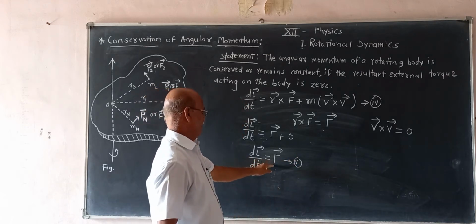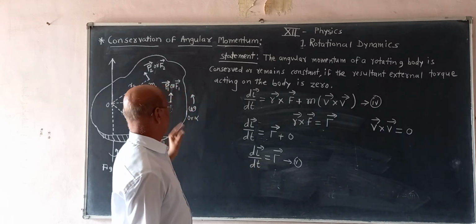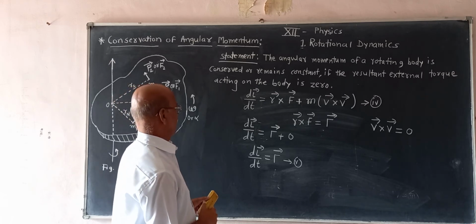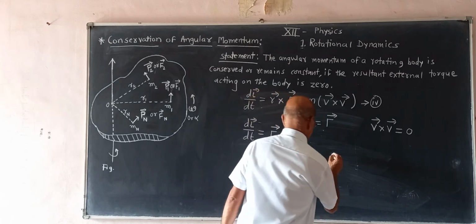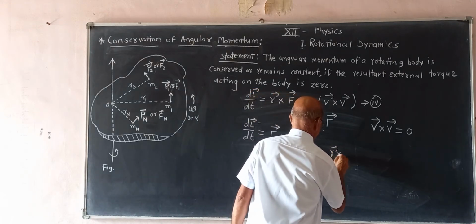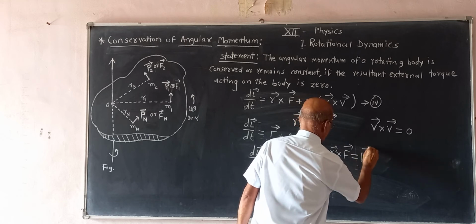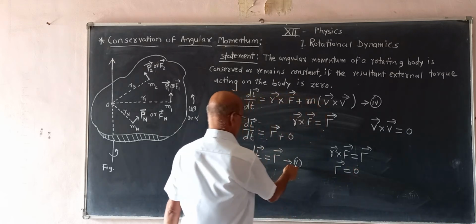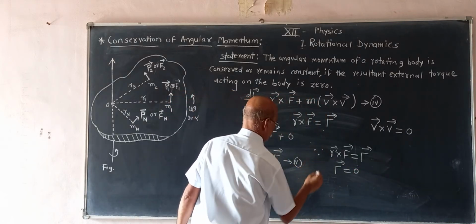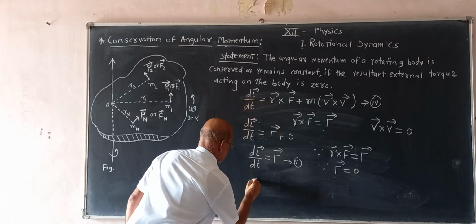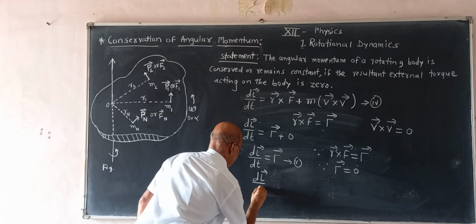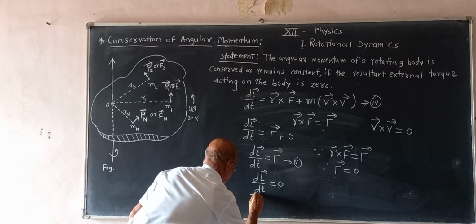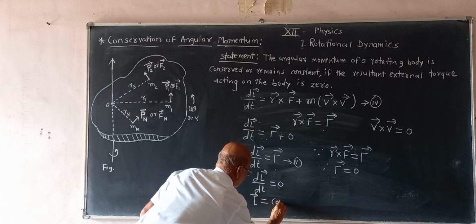Now the torque acting on the rotating body is the unbalanced resultant torque, and its value is 0. That is, r cross F, which is vector tau, is 0. So equation 5 becomes dL vector by dt equal to 0. So vector L equal to constant.